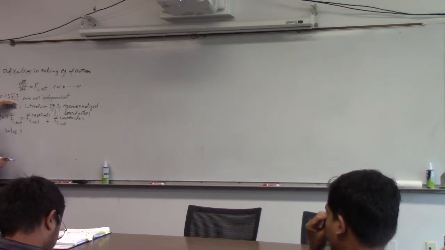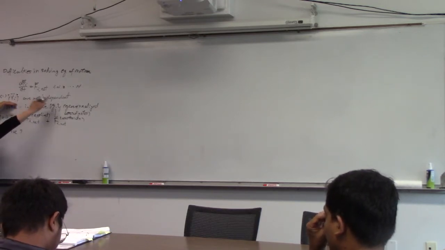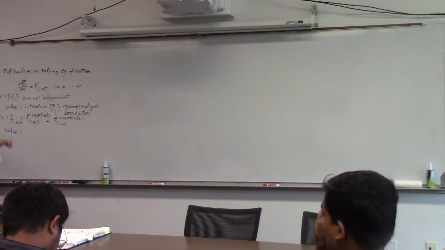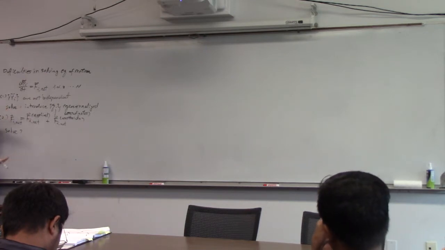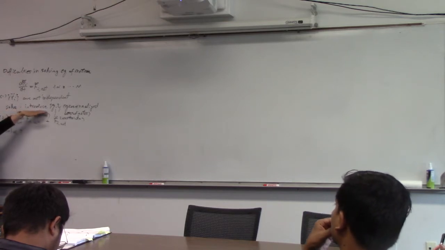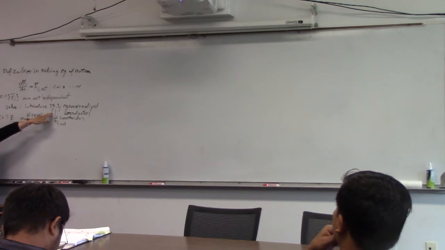So if they are not independent, when you solve these n equations, it is not easy because those n equations do not inhibit each other. You have to consider all of them together. So how to solve that? We say let's introduce the generalized coordinates, q. Generalized coordinates are independent.